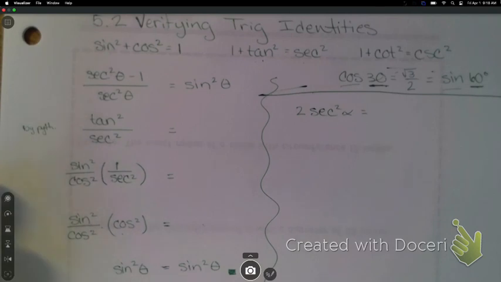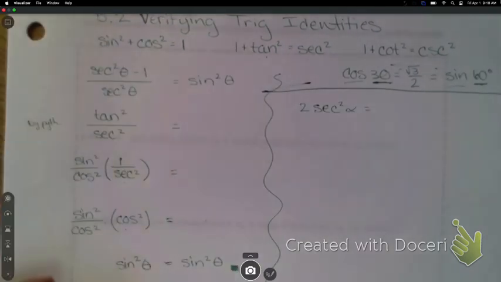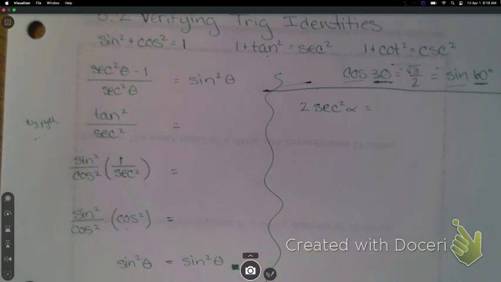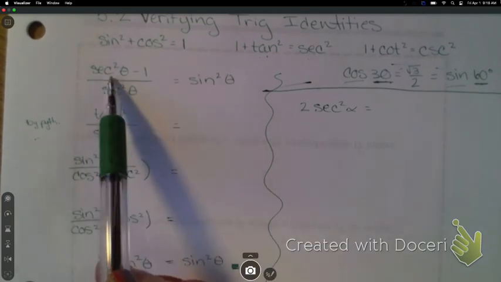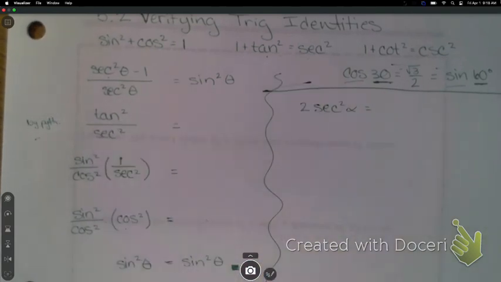If you go with one identity, one step, or reciprocal, like if you could use the reciprocal identity 6 times in one step, you can use it. But you stick with one thing, one step, I won't make you justify it. If you want to justify it, that's up to you. But yes, I just went to my Pythagorean identity and used it to come to here. Okay, because I was really confused, we went from that to tangent squared.